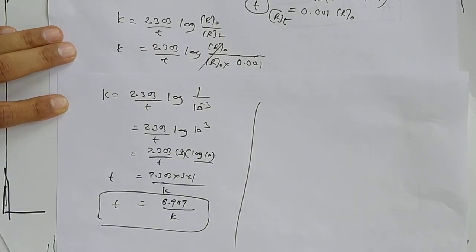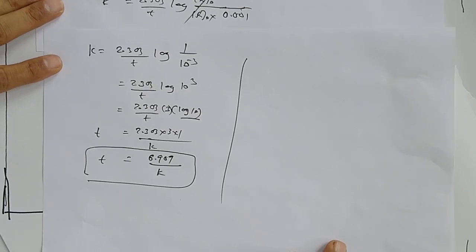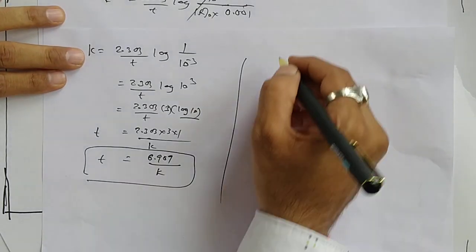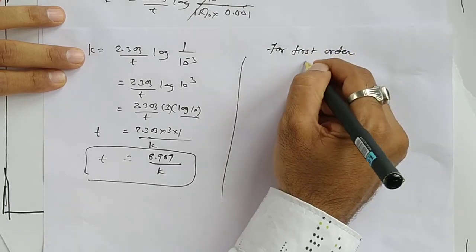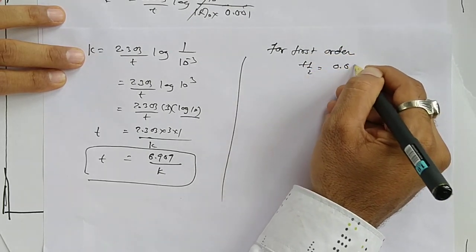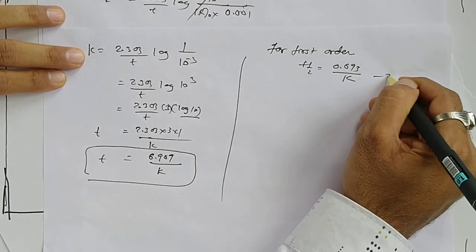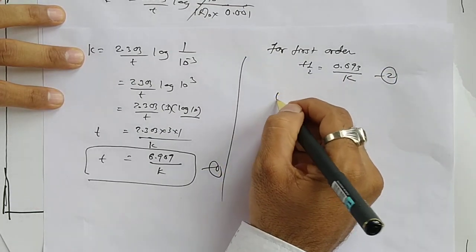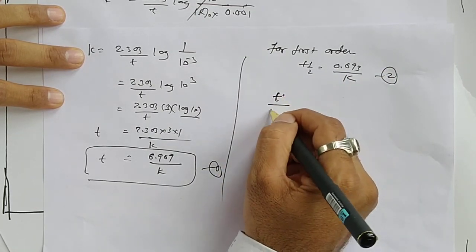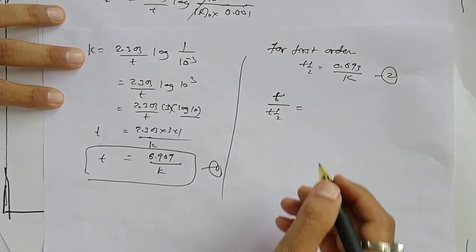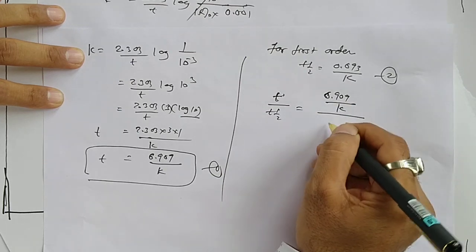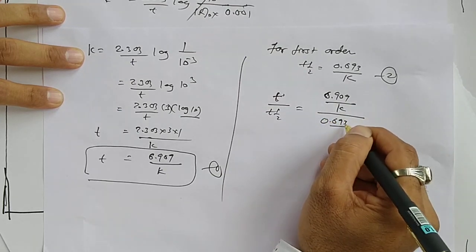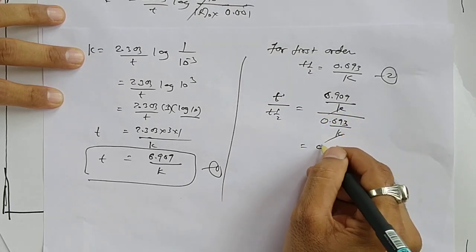Now for first order, T1/2 is equal to 0.693 upon K. Divide equation 2 by 1, T upon T1/2 is 6.909 by K over 0.693 by K. K will be cut.